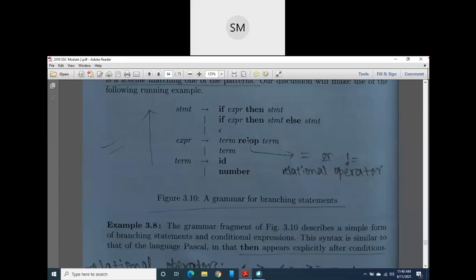So many relational operators are there: less than or equal to, greater than or equal to, and not equal to. These all are relational operators. In short, I have written the token name as RELOP, that is relational operator. And the relational operator acts on two operands here. Those two operands I am calling term. You can call them operands also, no problem.